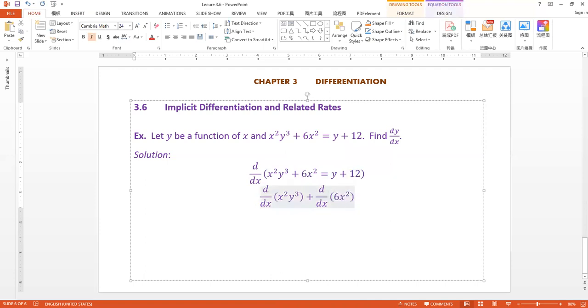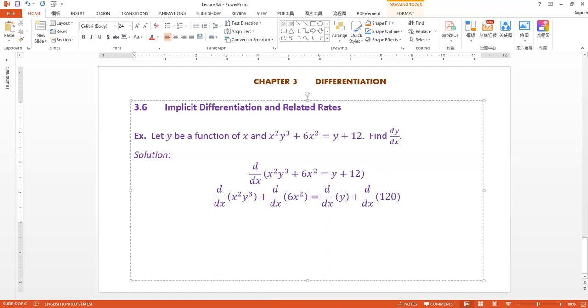That's the left-hand side, and on the right-hand side, again, we take the derivative of y and 12 with respect to x. I want to write everything in detail so that you can follow me.